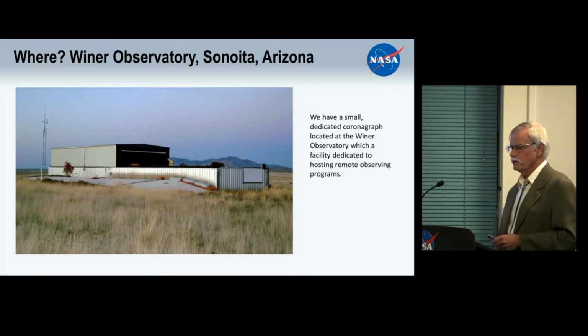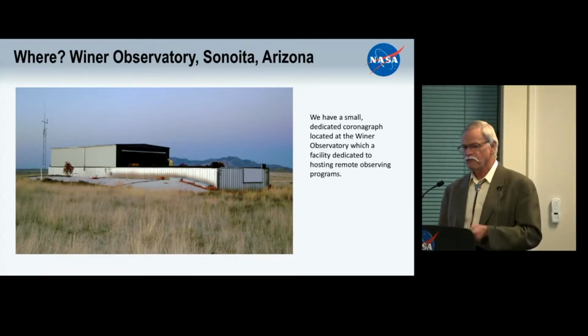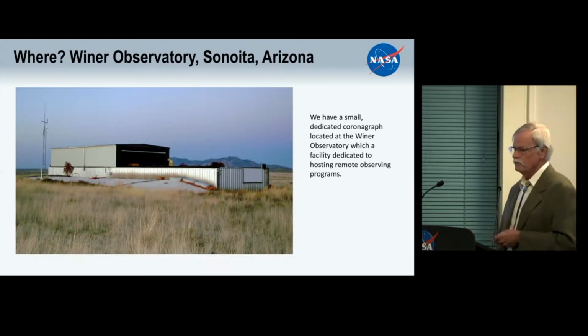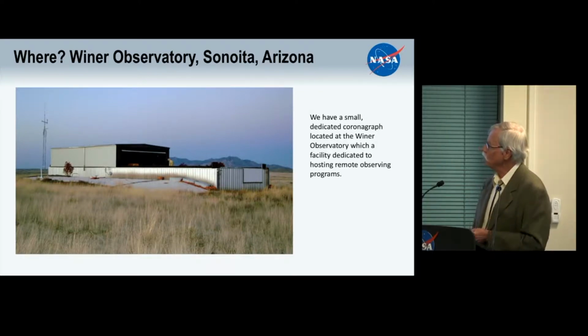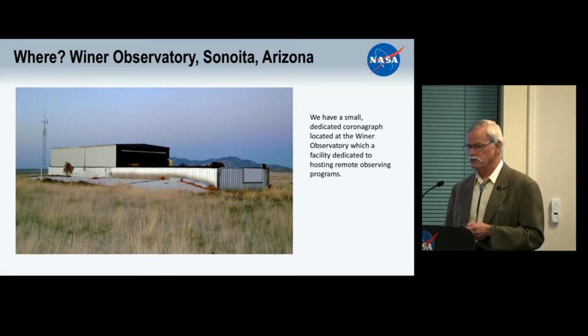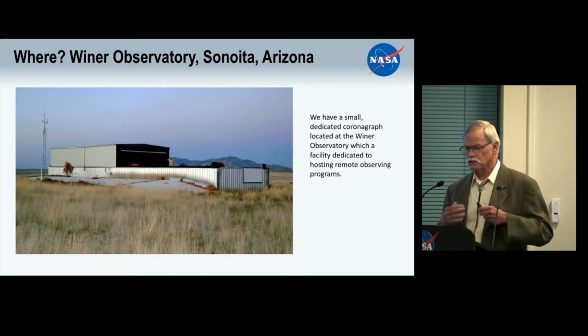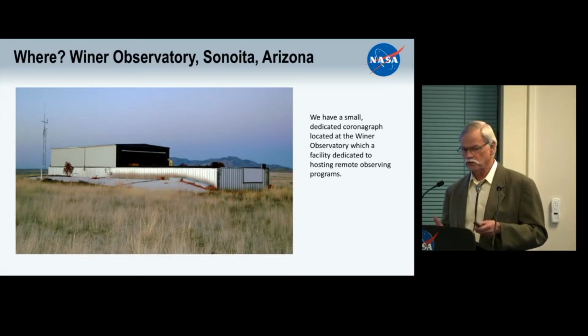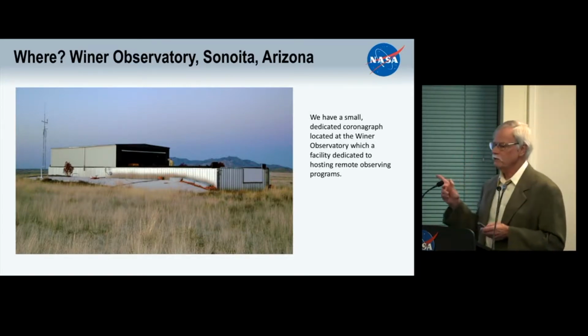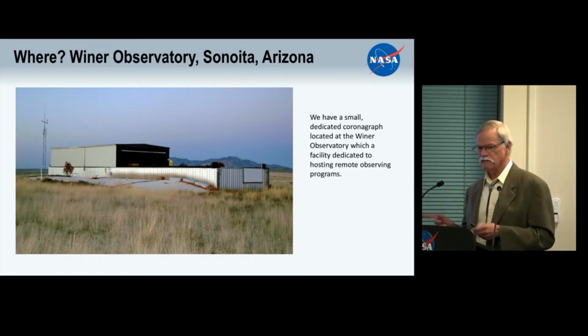Where? We're going to set up something so we can get frequent observations, and we have to have a telescope. The place we put it is the Winer Observatory in Sonoita, Arizona. There are a number of other groups who want to use small telescopes for continuous or near-continuous observation at night, and this particular facility is designed for that.